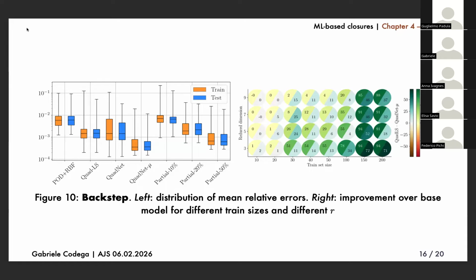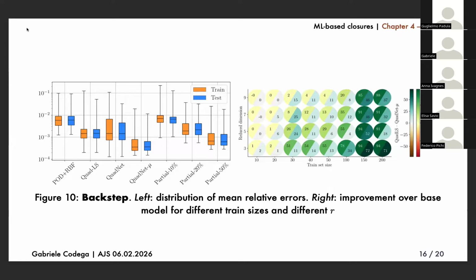And then this heat map right here, which is a bit involved, is just to show you that if you compare the quadratic model built with a neural network and the quadratic model built with least squares, or the quadratic model built with a neural network and the base model, you have an increase in accuracy that goes from basically 0%, where you have too few training snapshots and too many POD modes.